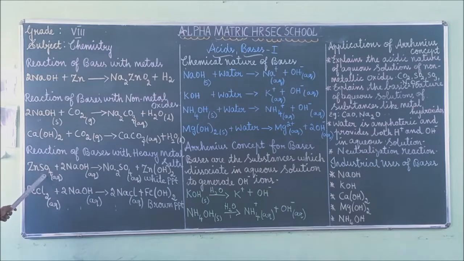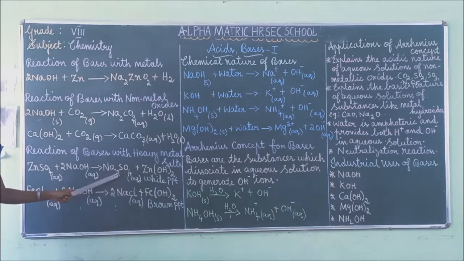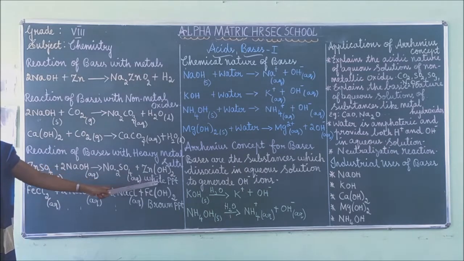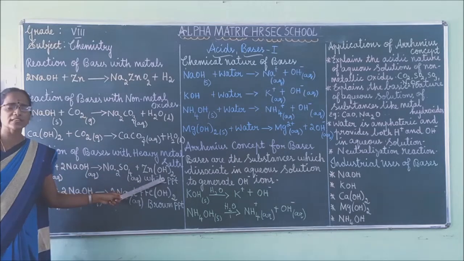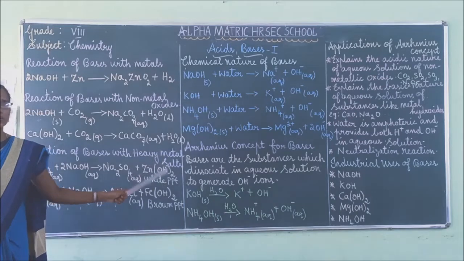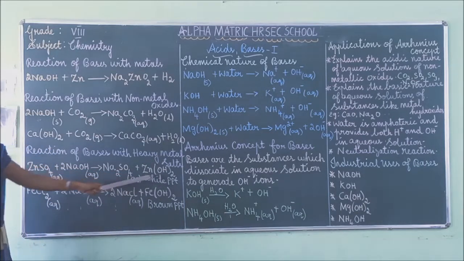So this heavy metal salt when it reacts with the base sodium hydroxide, they combine to form sodium sulfate, Na2SO4, plus zinc hydroxide is formed. This zinc hydroxide is actually a white precipitate. It is in precipitate form.